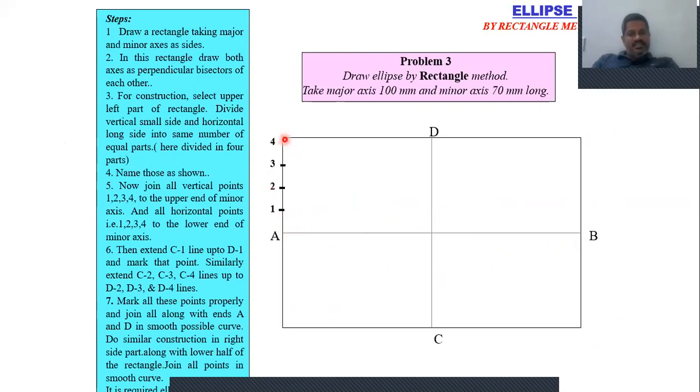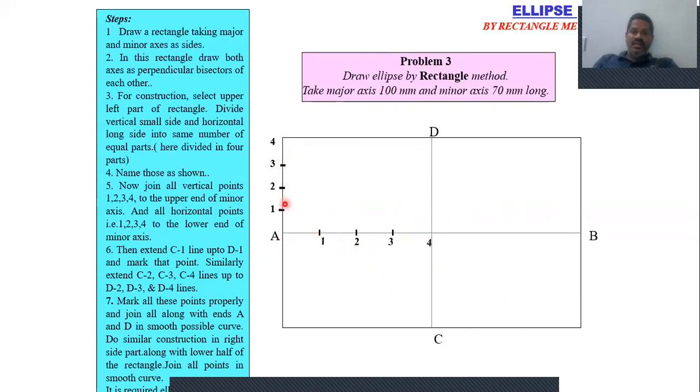After dividing the height of this rectangular block into equal number of divisions, then divide the same number of equal divisions horizontally also, lengthwise also. So now divide the same number of divisions that we have divided in height, that is 4 divisions.